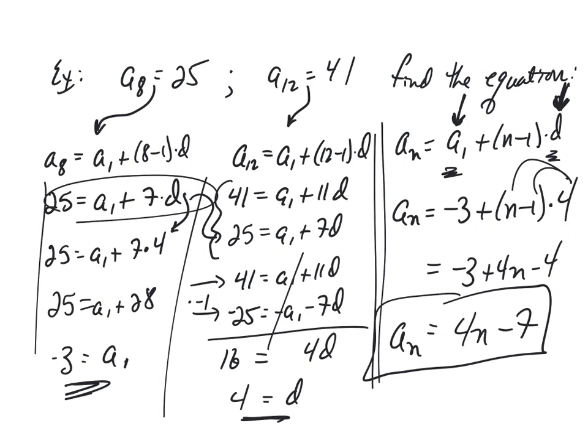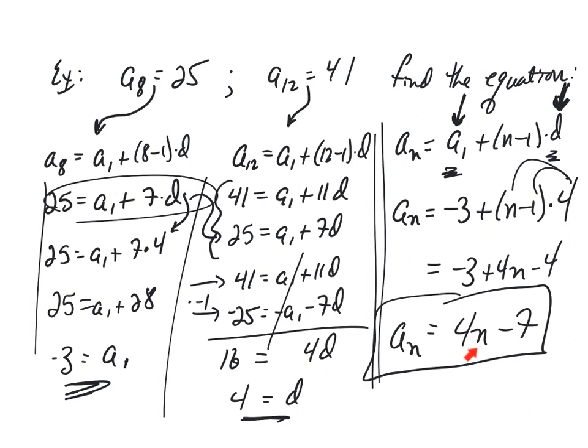And if you wanted to, you could test that by replacing n right here with 8. 4 times 8 is 32. 32 minus 7 is 25, the 8th term. Or replacing n with 12.